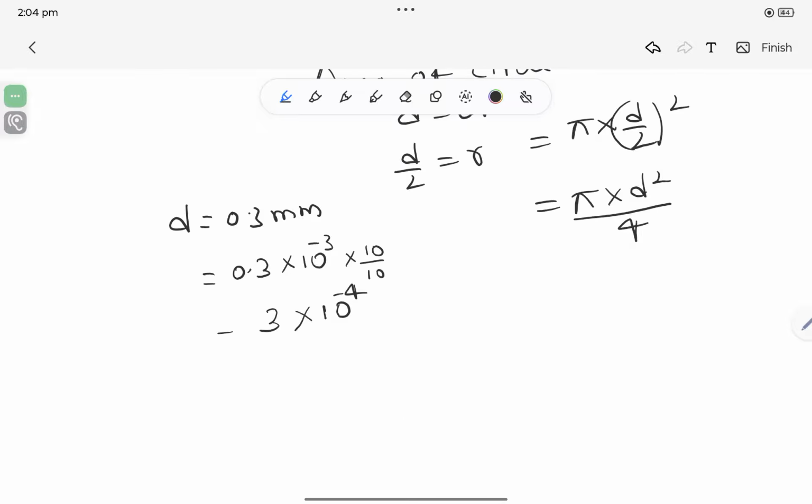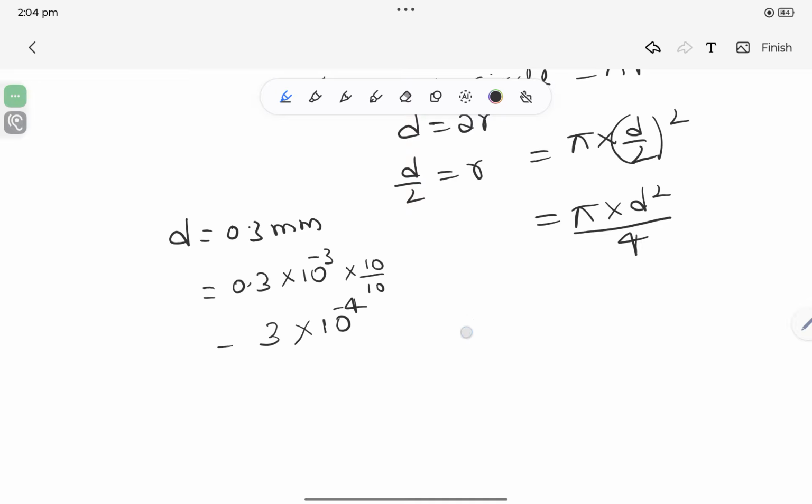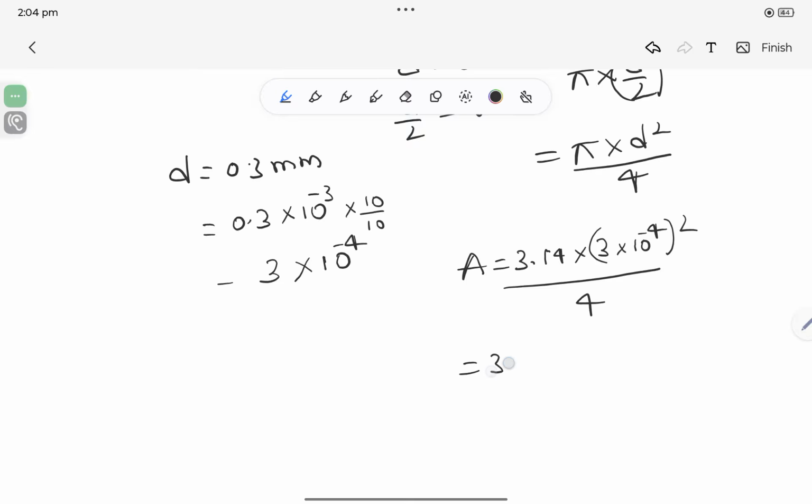Let us substitute this value here: 3.14 into 3 into 10 to the power minus 4 whole square by 4. You will get 3.14 into 9 into 10 to the power minus 8 by 4.